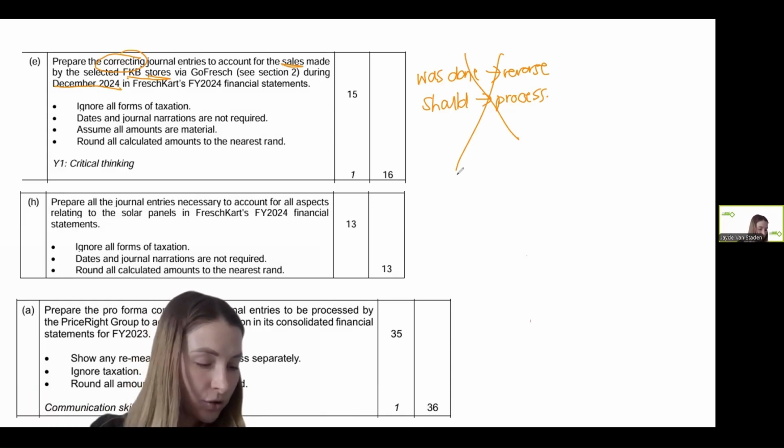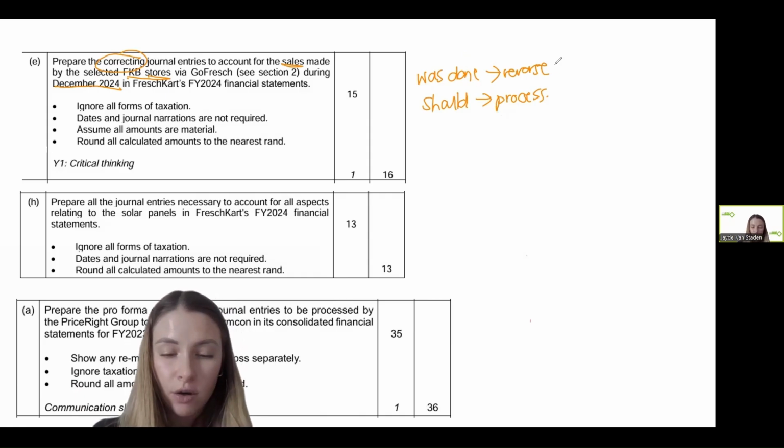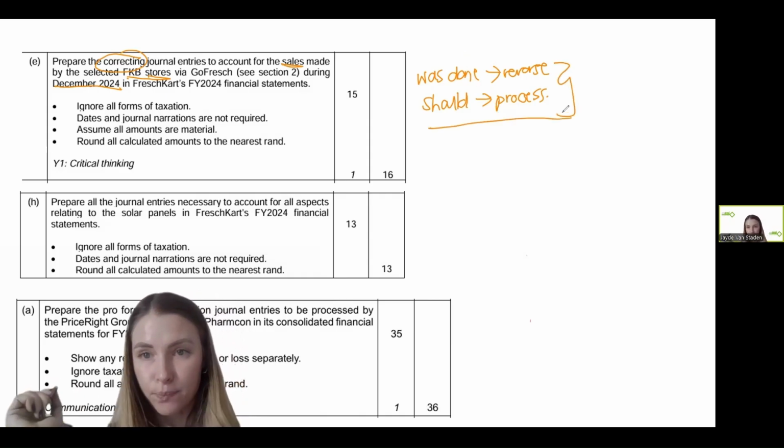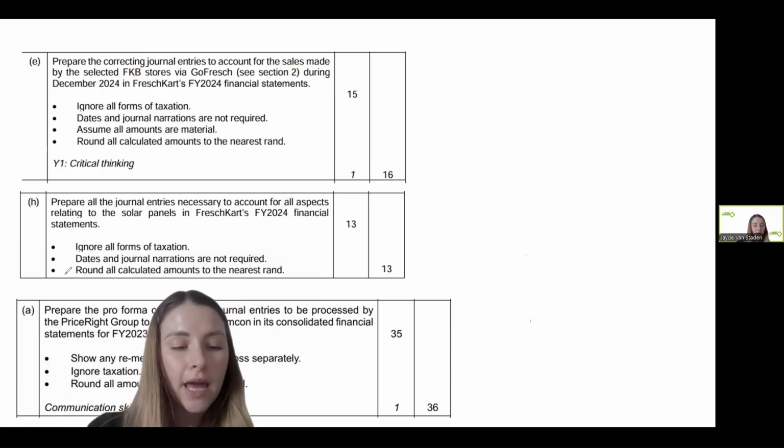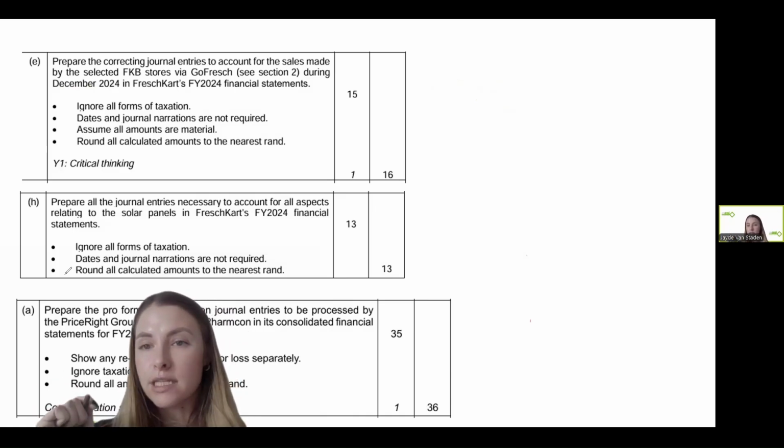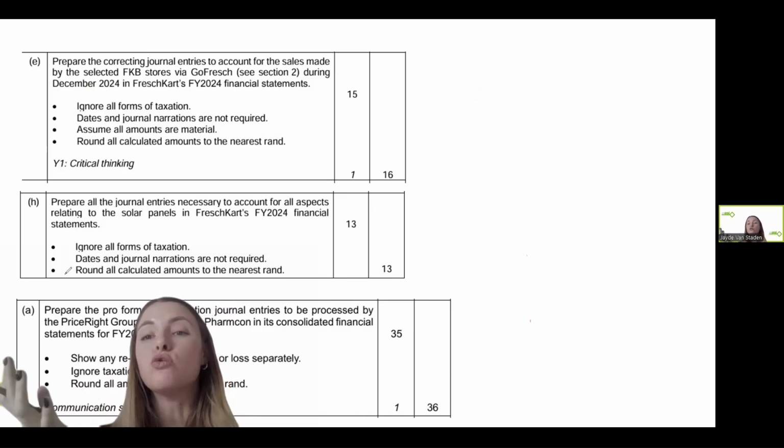So what you have to do is you need to look at what was done and what should have been done, and you have to find a way to align them. So if you're dealing with a situation where you worked out that they processed an interest expense and they processed too little, okay?